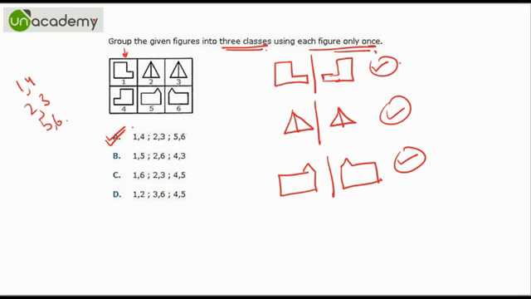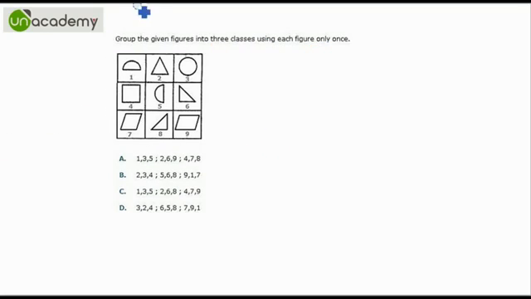Let us see one more example. Okay, so here we see that there are some curved faces, some triangles and some trapeziums, and not trapezium, rhombus and squares. So let us see. We have this circle, this semicircle and this semicircle.